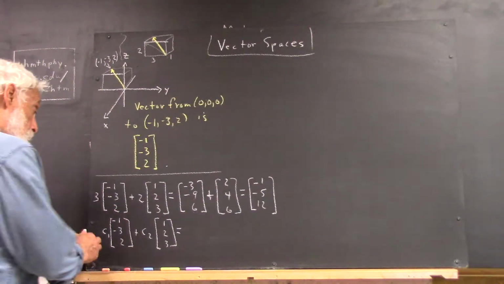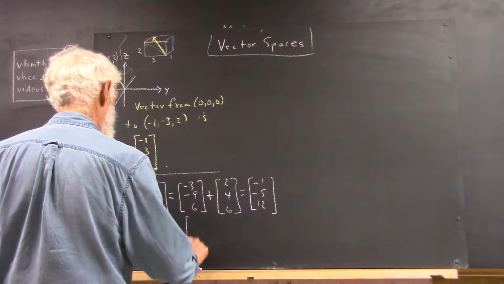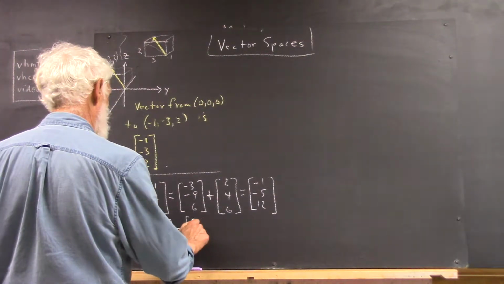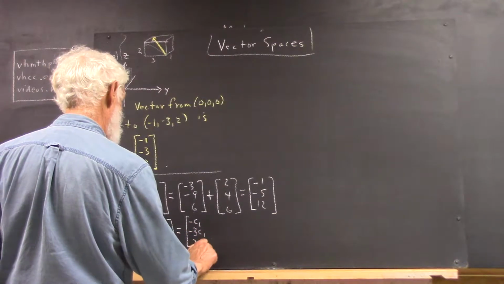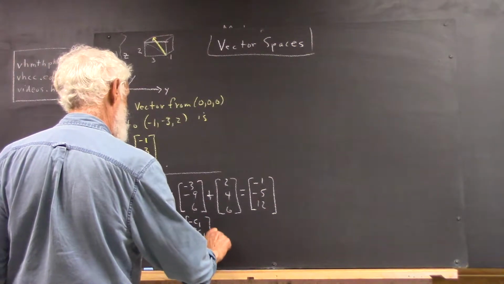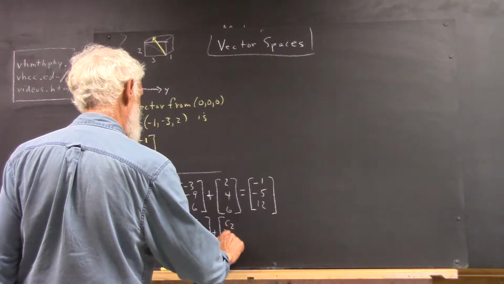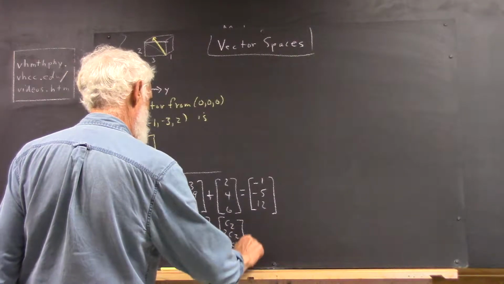Okay? Now, symbolically, because we need to think in terms of symbols a little bit. C1 times negative 1, 3, 2 is what? It's negative C1, negative 3C1, 2C1. To that we add C2, 2C2, 3C2.